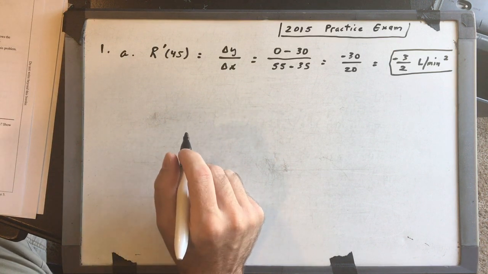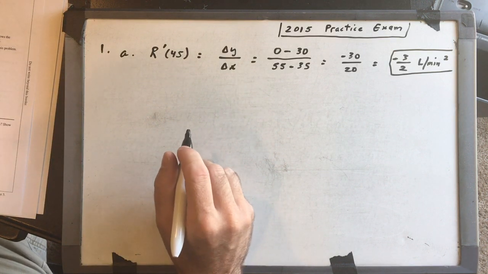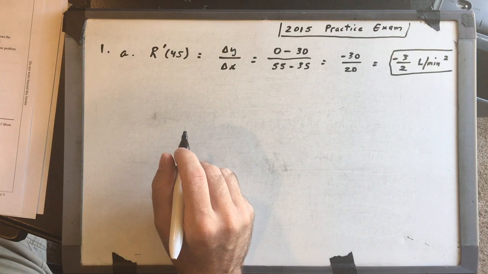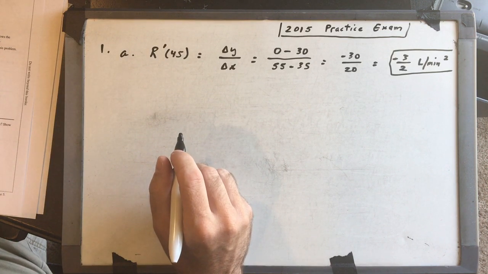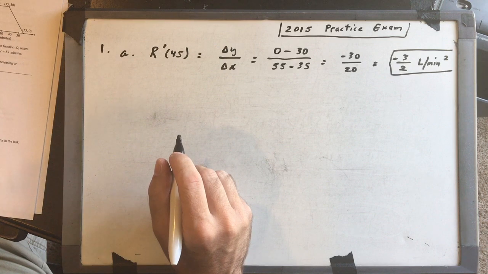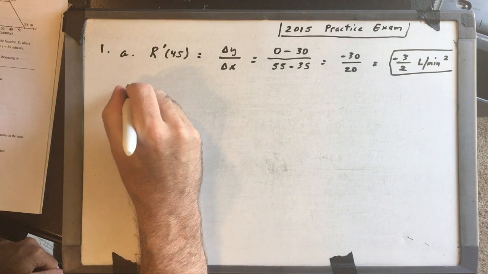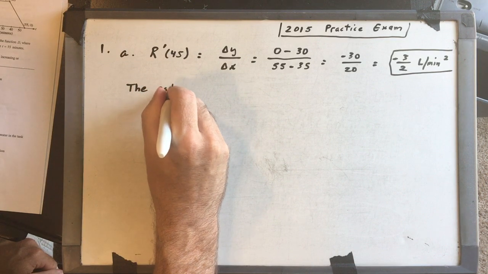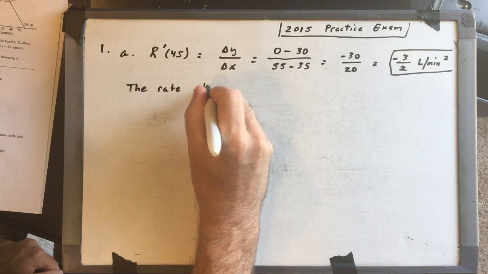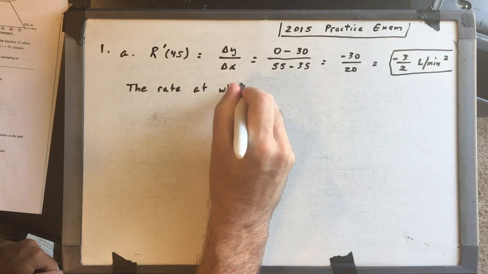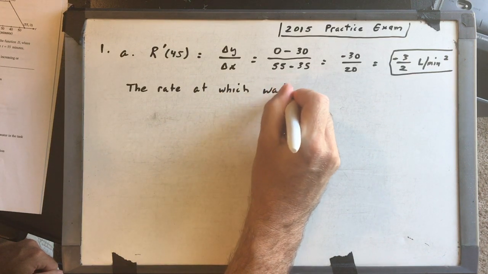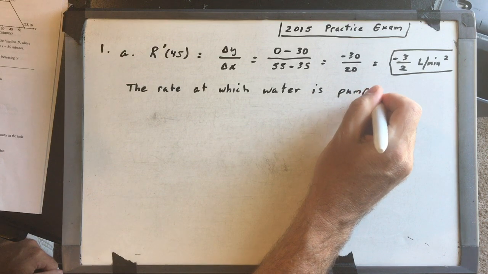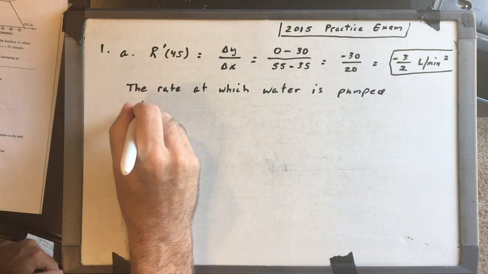Now the explanation part is half of the points on this problem. So what is the meaning? Okay, so the meaning is that the rate, because remember, R prime is just going to be a rate at which water is pumped into the tank.